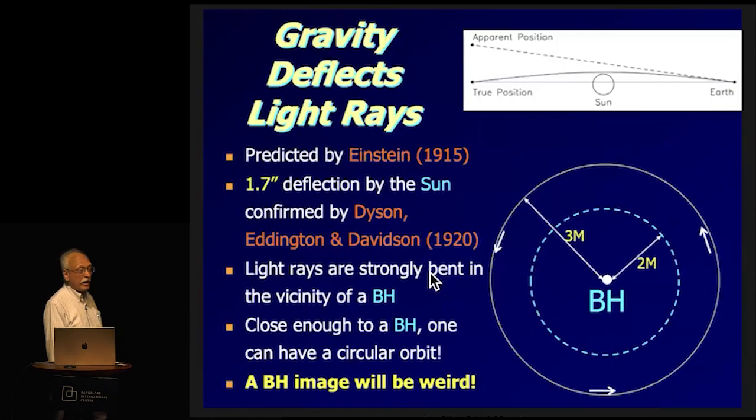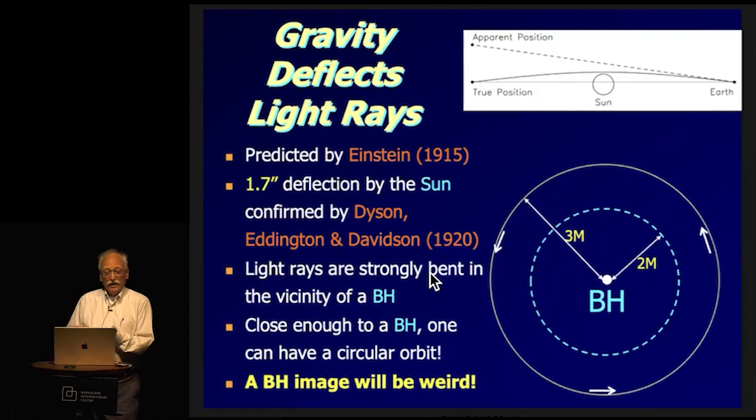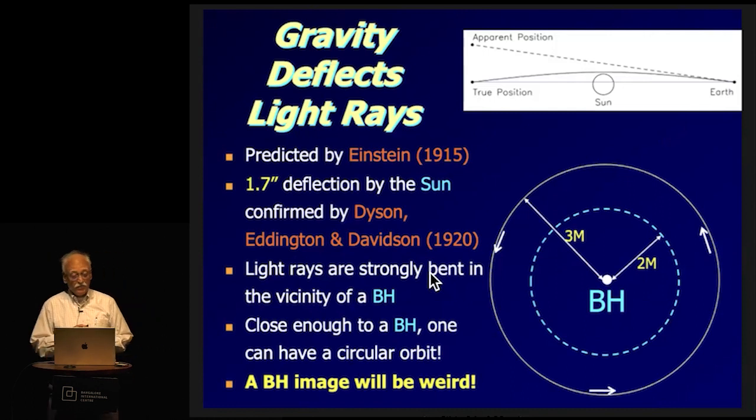But let's talk a little bit about the physics. Why should it be in any way different from any other picture? So here, the key concept I want to mention is that gravity can affect light rays. Normally when I shine this laser pointer beam, it's just going in a straight line, right? Light travels in a straight line.